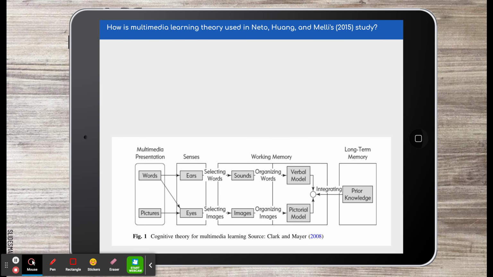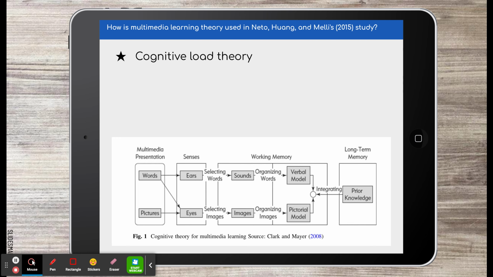So the question is, how is multimedia learning theory used in Nato, Hong, and Melly's study? In the study that they did, it was investigating the multimedia learning design principle. And so it had two theoretical frameworks. The first one was cognitive load theory.